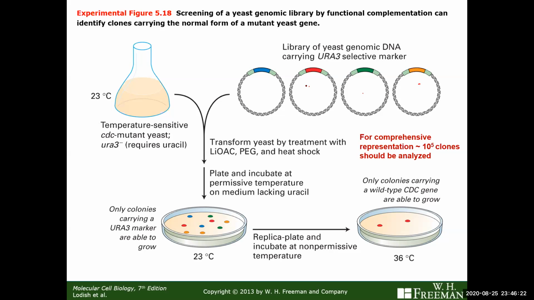Now this plating is done at permissive temperature, because at permissive temperature, these cells will grow no matter whether the defective gene is supplemented from the library or not. So this is called a library, a collection of all the recombinant plasmids, each having a different fragment of yeast genome. That whole collection is called a library.